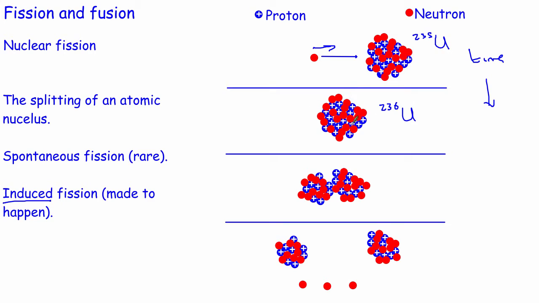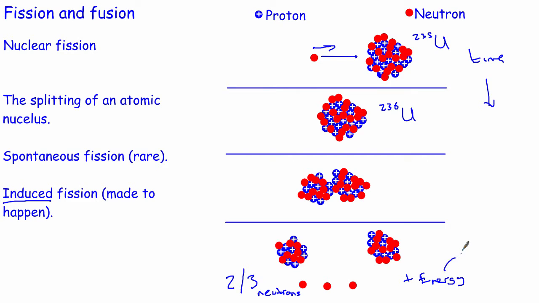So we've gone from a big nucleus, it's jostled around, it's come to a point where there's a narrow section between the two parts. It can't hold itself together anymore, and so it splits into two. We end up with two daughter nuclei, and also 2 or 3 neutrons, as we've shown here, released in this process. And also, vitally, because it's what we want out of this, there's some energy given out too.